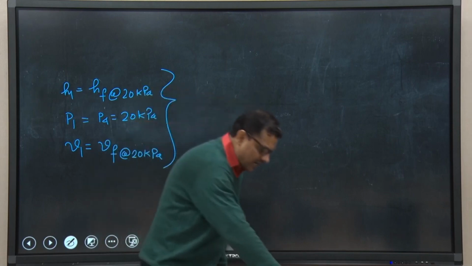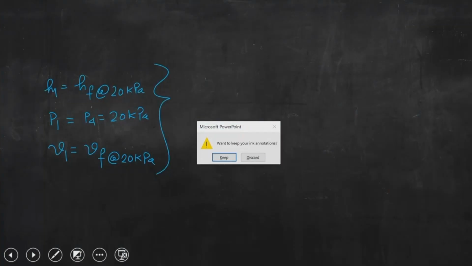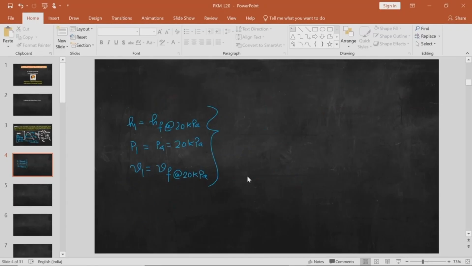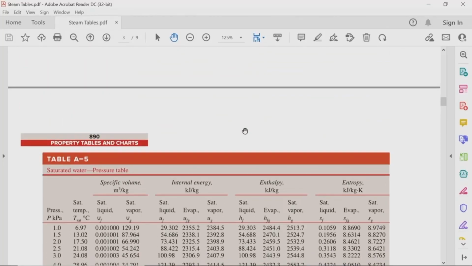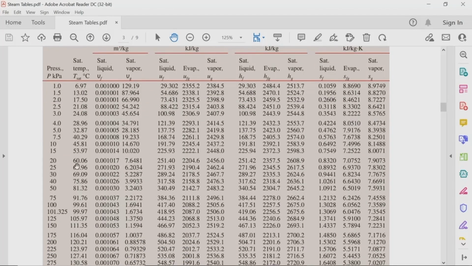Again we need to look at the steam table. So, we have to go to the saturated water pressure table. So, the pressure is 20 kilopascal.